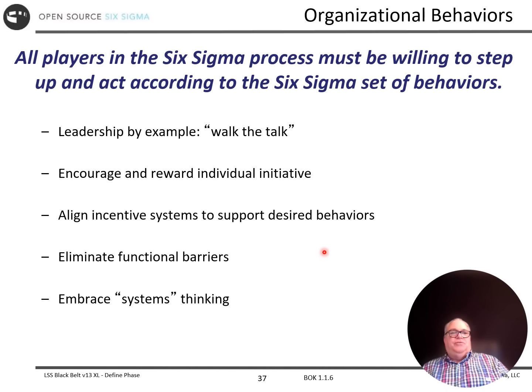We look for managers to eliminate the functional barriers. So if we need different resources, hey, let's get them all in the same room and let's make the project move forward. And then this idea of this is a system that we're putting into place to do problem solving and to make processes better. And we have to recycle through that DMAIC process.